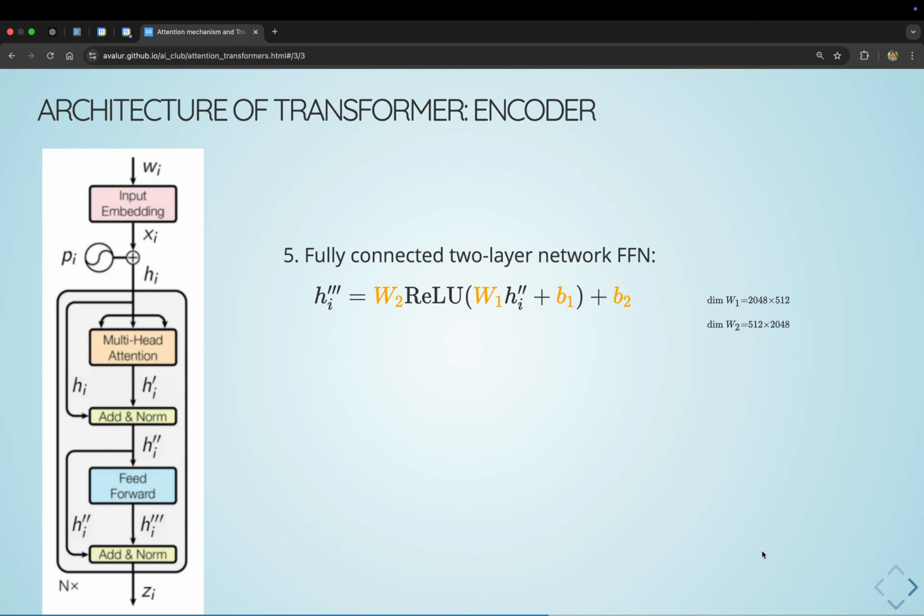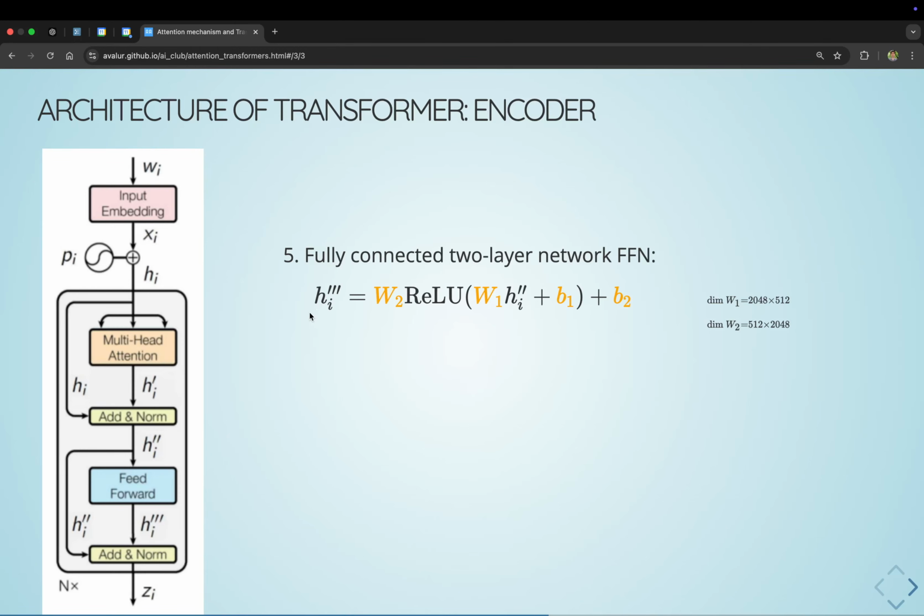Then we go further to this part of the scheme. Here is the feed forward block, and feed forward means a fully connected two-layer linear network, as you see here. We simply perform one linear layer on hi double prime, then goes the activation function ReLU, and then a second linear layer to get h triple prime.